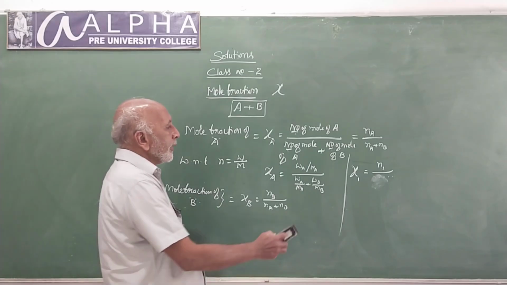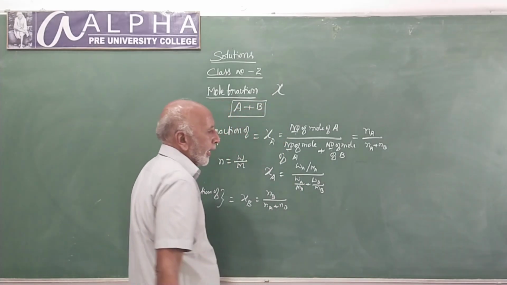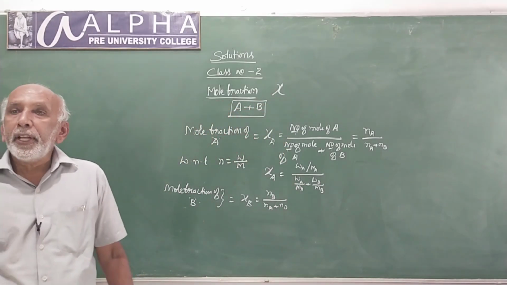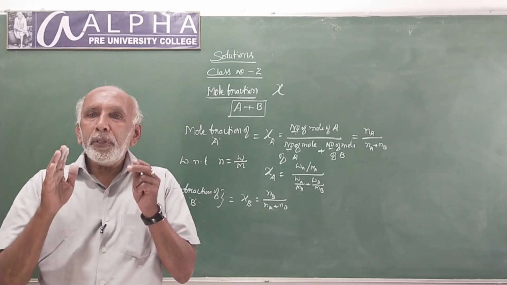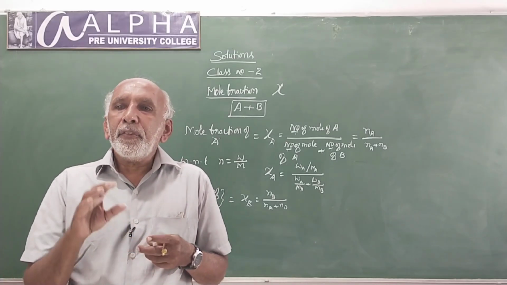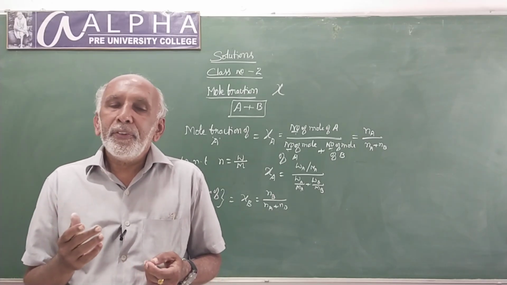Now, consider your solution is very dilute. Dilute solution is one in which amount of solute present is very small compared to amount of solvent.